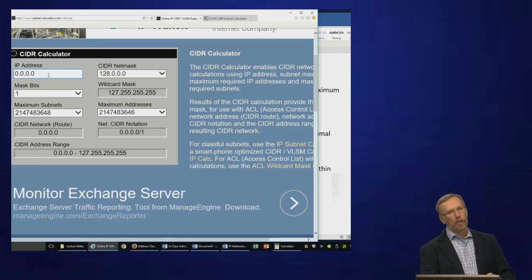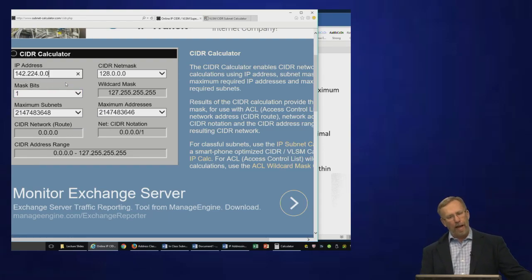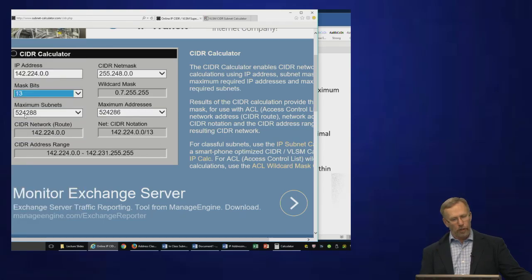Make sure you're using a CIDR calculator when you do the assignment. If you use a classful calculator, you will crash and burn and get all wrong answers. So, I put my IP address in here. That's my network. And then it asked me how many mask bits, and I know the answer to that is 13. So I put in 13.